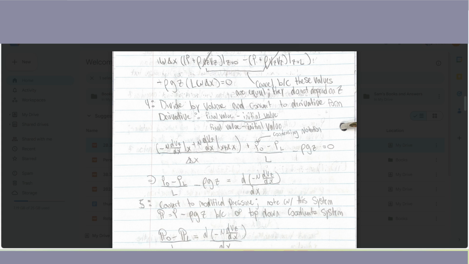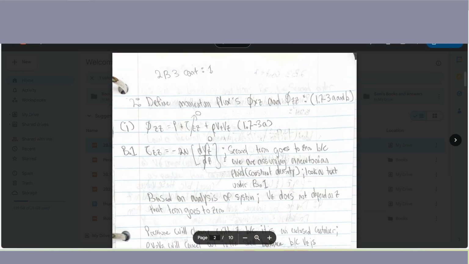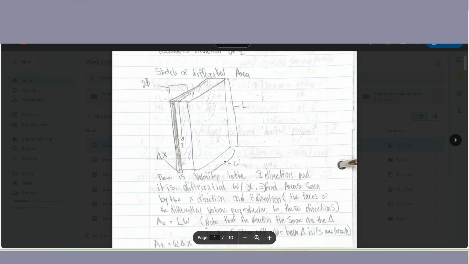The differential x is x plus delta x minus x, where x plus delta x is the final value and x is the initial value. That differential area, where the bounds of the volume are x right here and then x plus delta x.